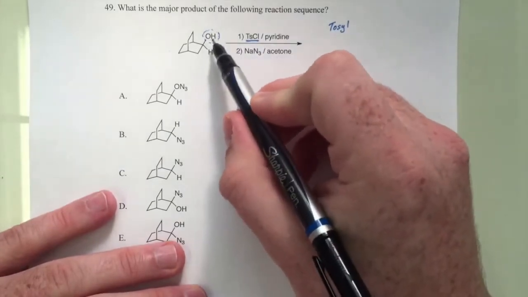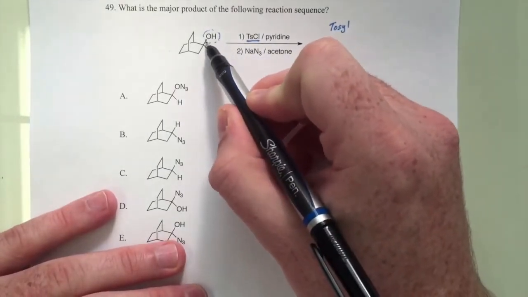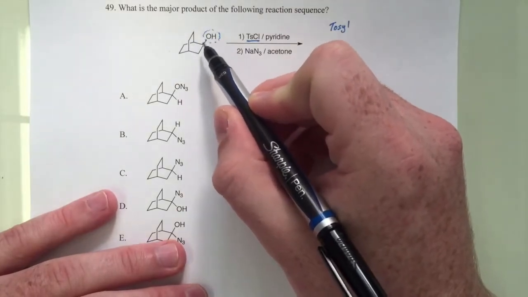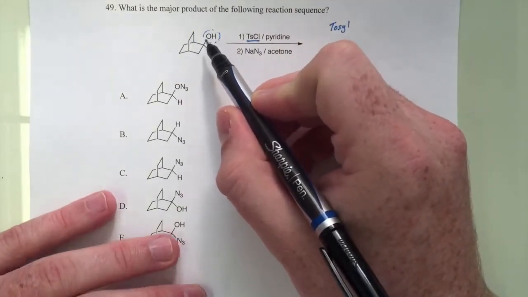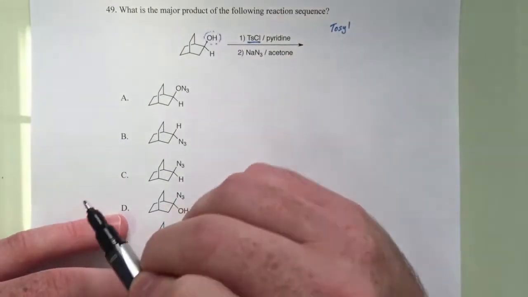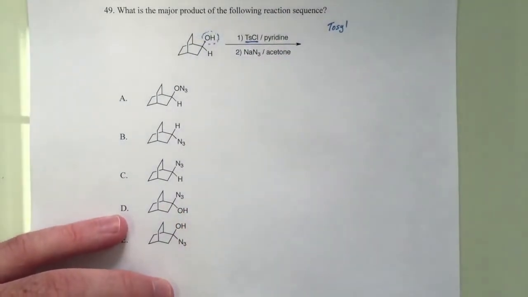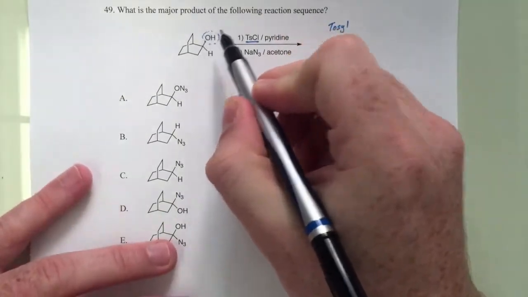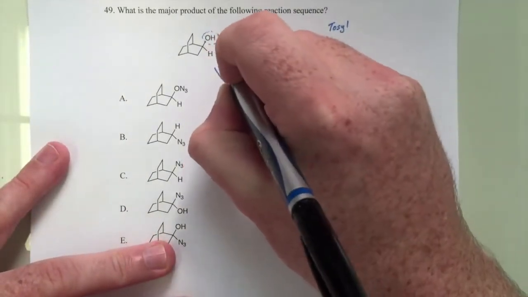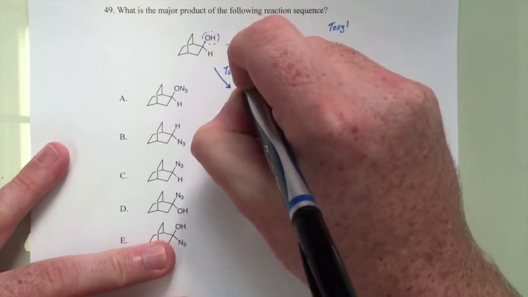Because remember, hydroxyl groups are not good leaving groups. This OH is not going to want to leave, either in a bimolecular or a unimolecular fashion. It's a very stable functional group. So in order to get rid of it, we first need to turn it into a good leaving group. And that's what the tosyl chloride and the pyridine do.